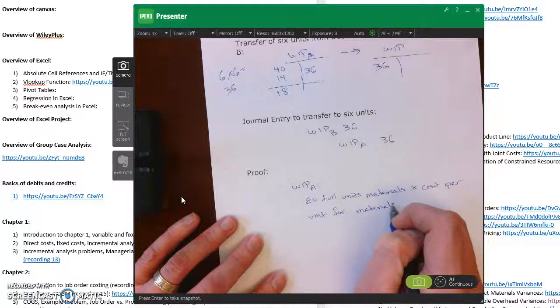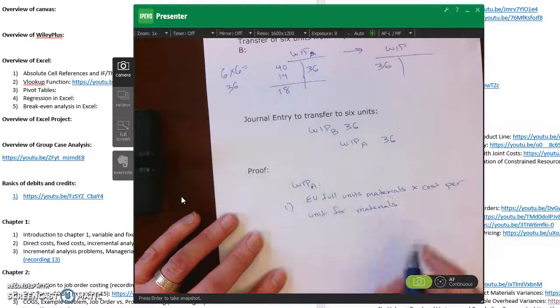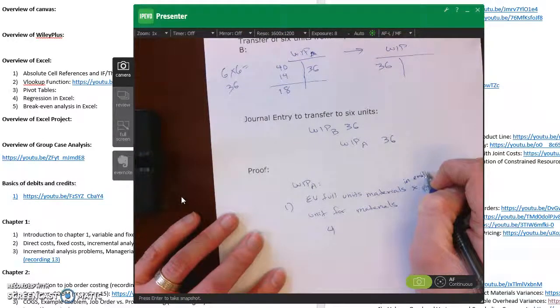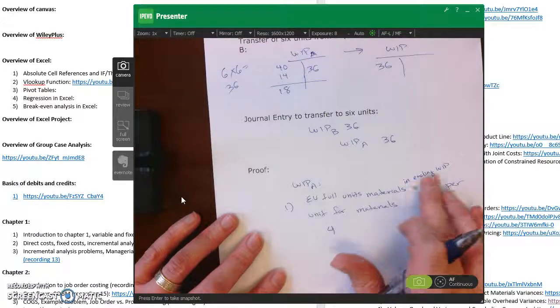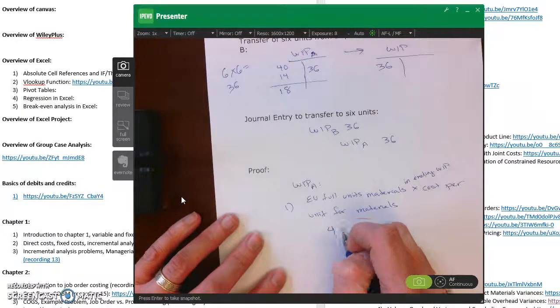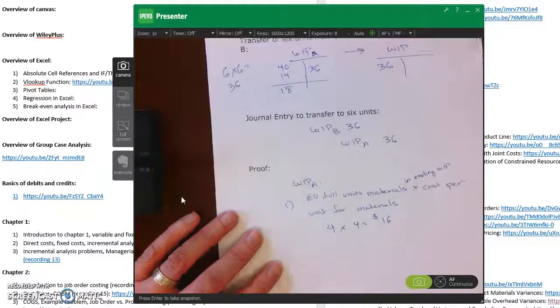If you look on the prior page, the equivalent full units with respect to materials was 4, because we had 4 that were left over, and I'll write that in ending WIP. How many units are in ending WIP? 4. They are 100% complete with respect to materials, times the cost per unit for materials, which was $4, that gives me $16.